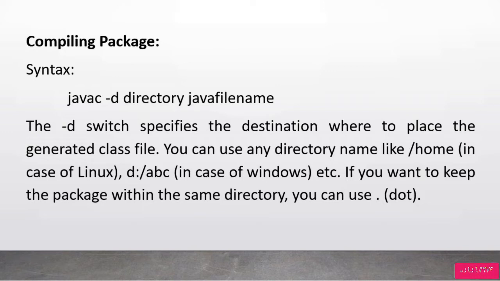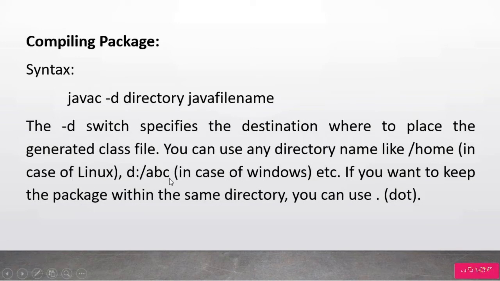In Linux it is the home directory, in Windows it is drive name colon folder name. Then definitely after compilation the dot class file will be available in the ABC folder on that drive.